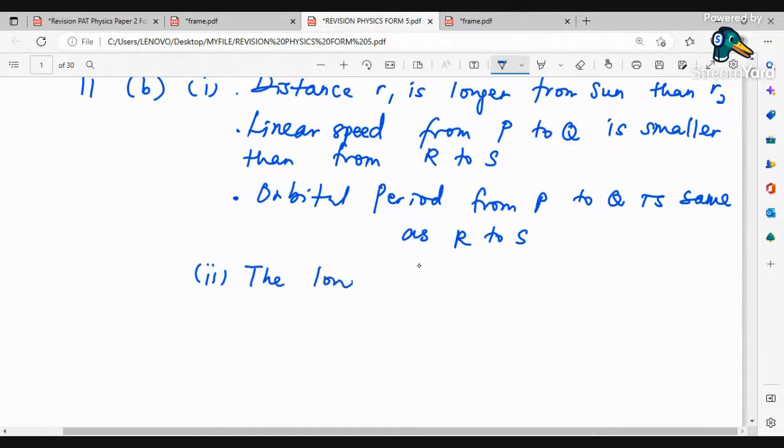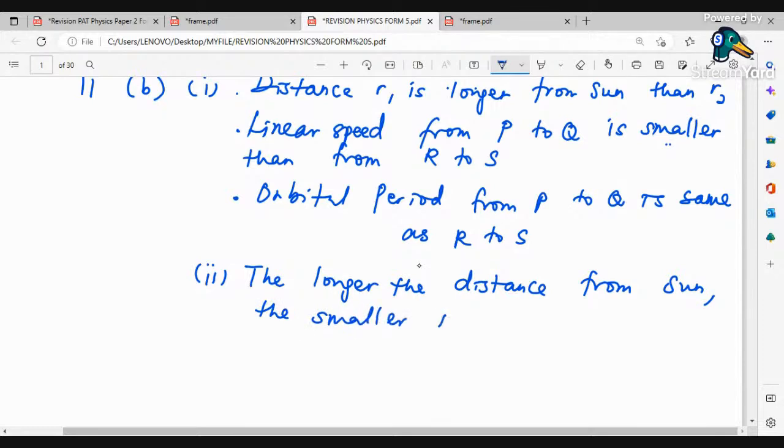The longer the distance from Sun, meaning R1 tadi, R1 longer, linear speed smaller, longer, smaller. The longer the distance from Sun, the smaller the linear speed. Okay.